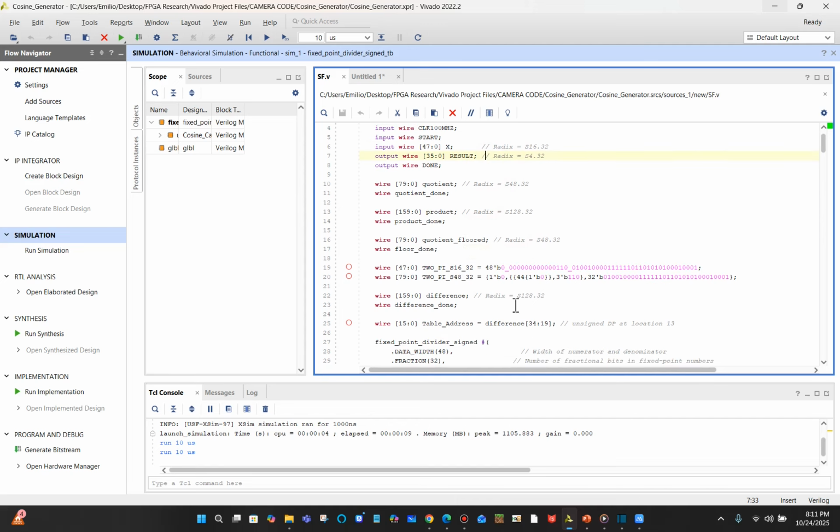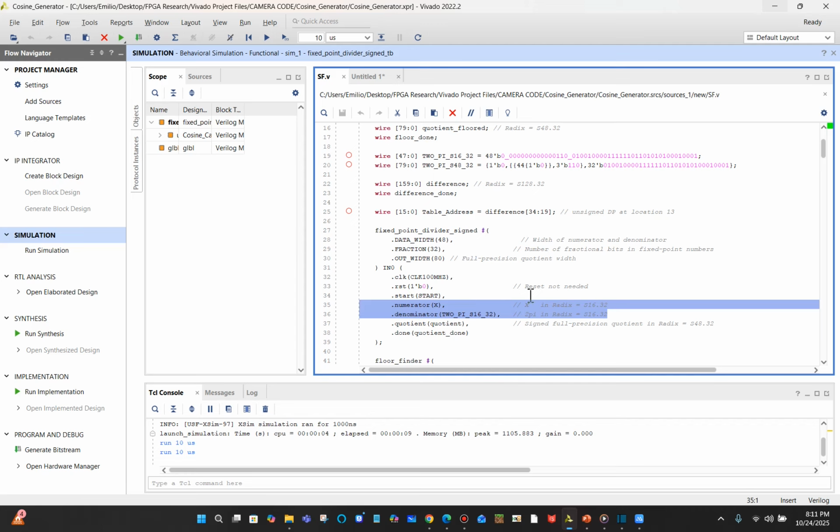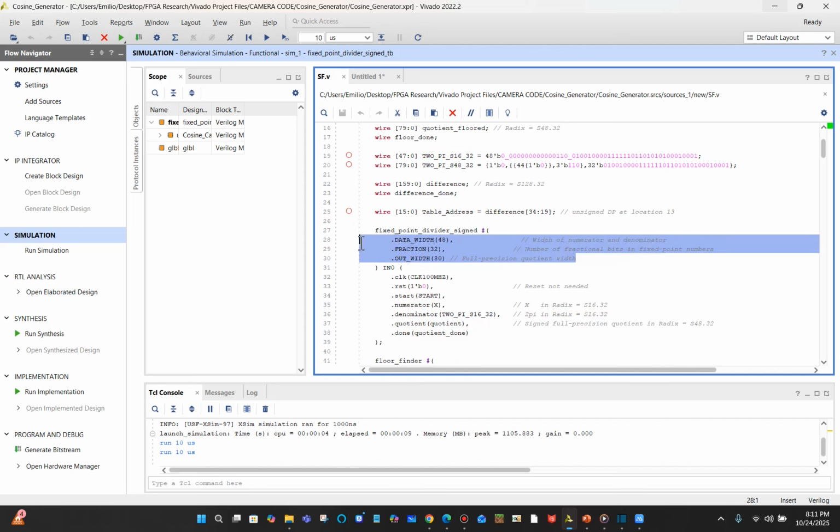And if you remember, all the hardware level algorithm requires is a divider, floor, multiplier, subtractor. So the first step is we divide. We are dividing x by 2 pi according to the algorithm. Since x is in this radix, we need to have a parameter made for 2 pi in that radix. That's what this wire is. We configure our divider to handle inputs of this radix, then we make our output width pretty wide so we don't lose any precision.